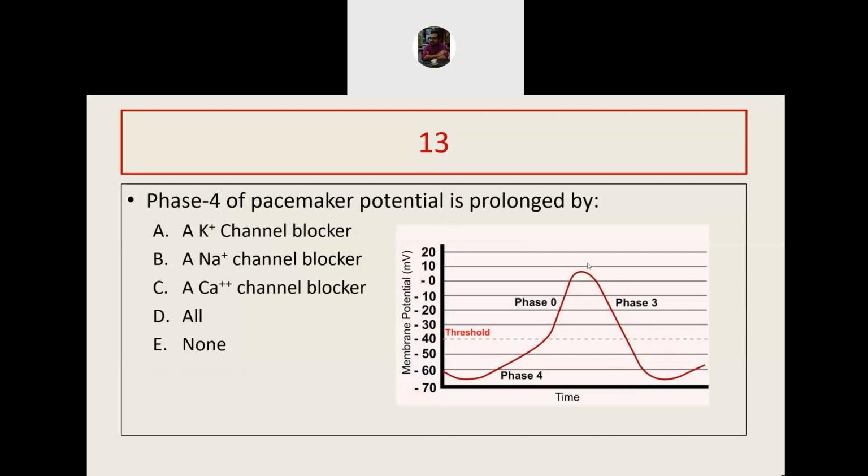This is the slow response action potential. Phase 4 of the pacemaker potential can be prolonged by which of the agents? Next question.